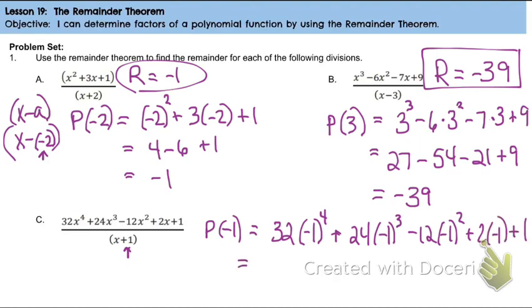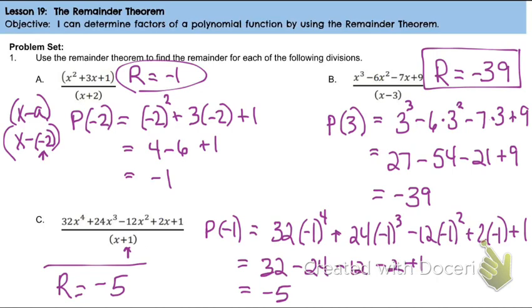So that's going to be a positive 32 minus 24 minus 12 minus 2 plus 1. And you should end up with negative 5. So in this case, our remainder equals negative 5. Alright, let's keep moving on.